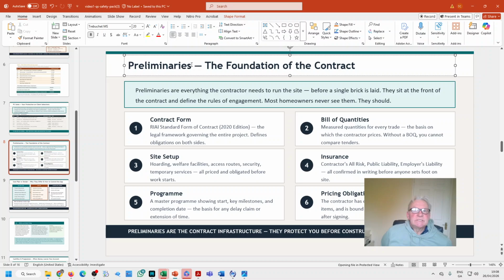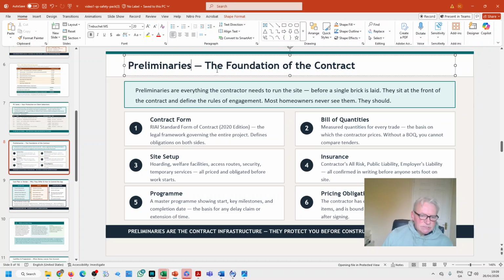Scaffolding, licenses, permits, planning permission costs, toilets, safety equipment, contract maintenance, and obviously insurance, and the whole big site supervision. So site setup as well.